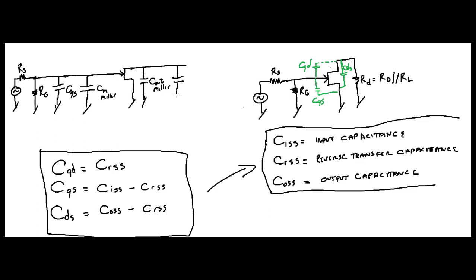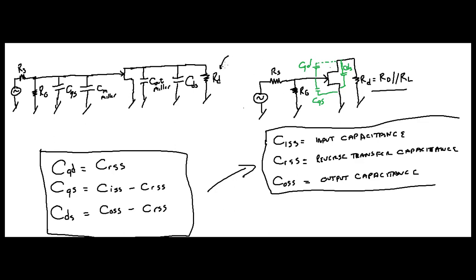This is going to be your capacitance of your drain source. And that's going to be, I'm sorry about that, let me redraw that line. That's going to be connected to this RD. That was defined right over here.